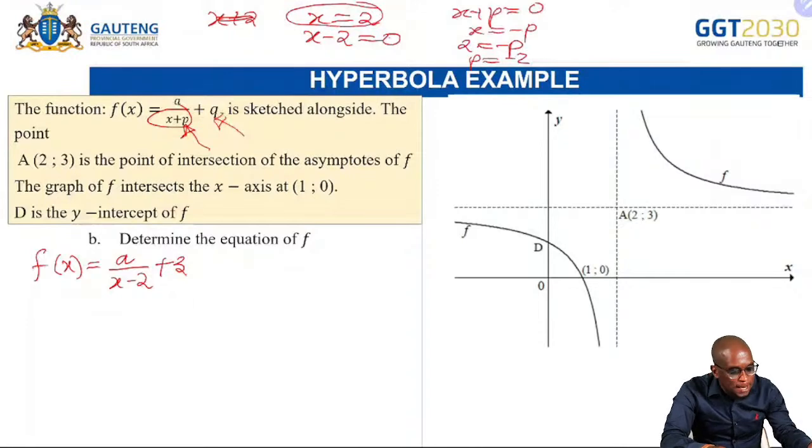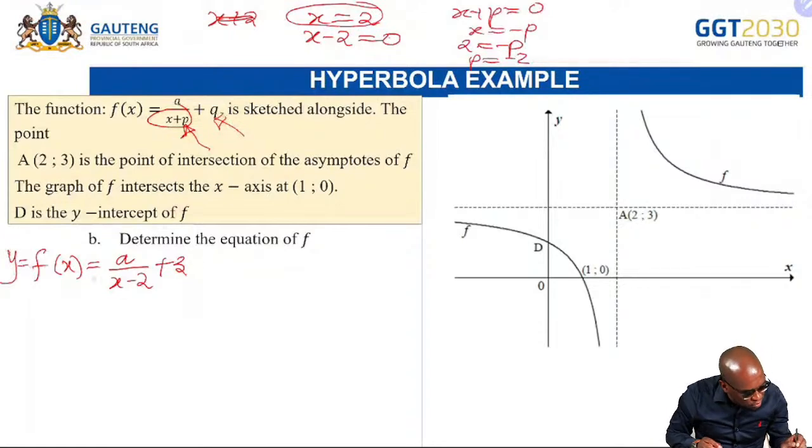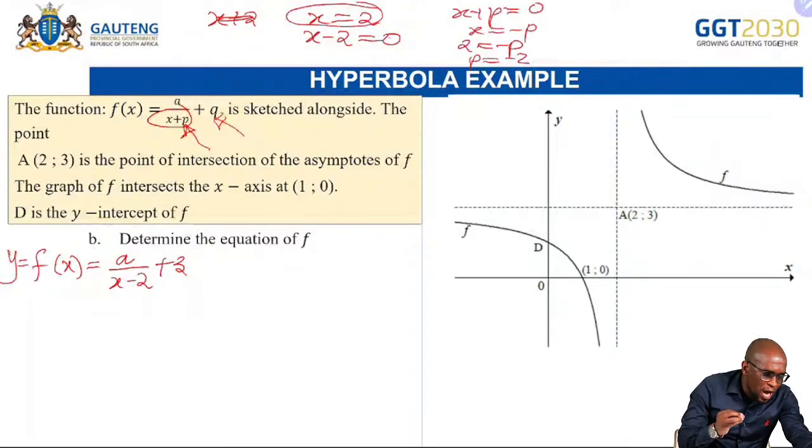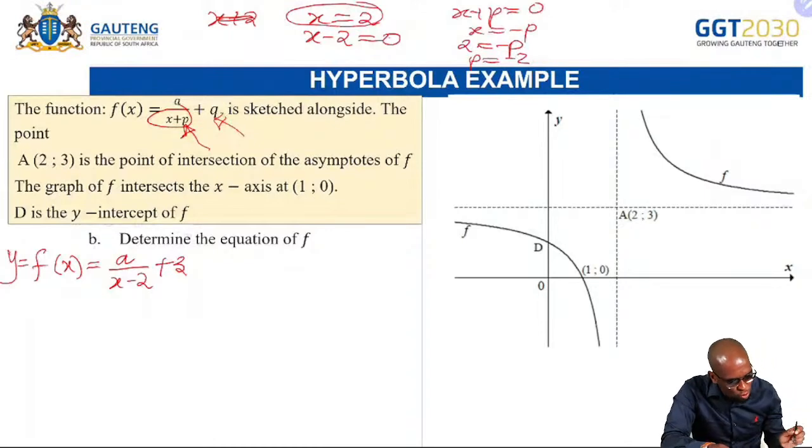Now I need to find a point, because a point will assist me. Remember, this is y is equal to. A point will assist me now to work out the value of a, because for me to have this equation, I'm now short of only one parameter, a. So I'm going to substitute a point that lies on the graph.